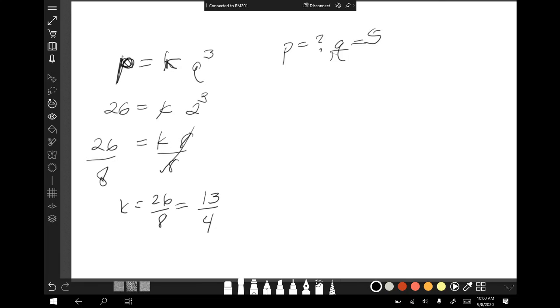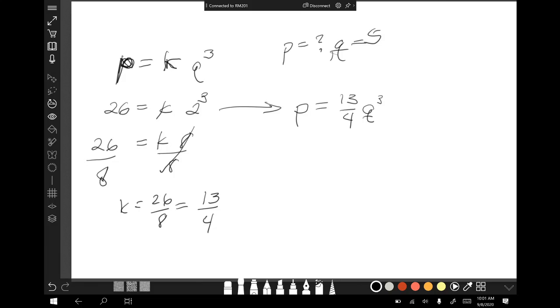Okay, we got k. That allows us to rewrite our equation. I now have p is equal to 13/4 q cubed. And I just got to plug in my new number and solve for p.